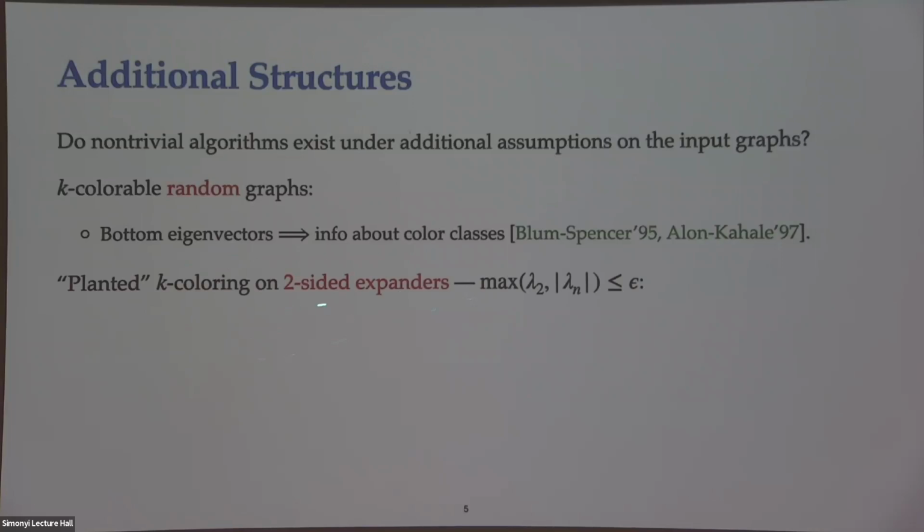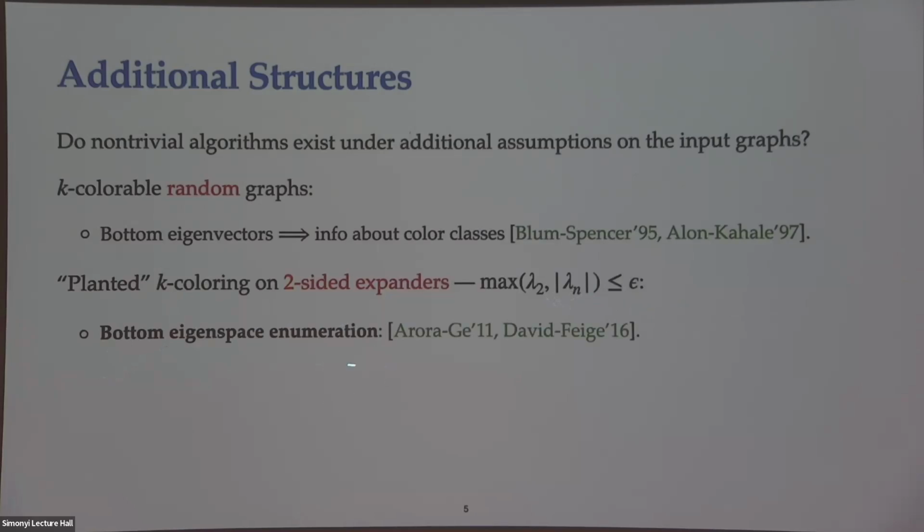Two-sided expanders means that the maximum of lambda 2, the second eigenvalue of the adjacency matrix, and the magnitude of the minimum eigenvalue is bounded above. Then a similar technique, which we call bottom eigenspace enumeration, is able to recover the color classes.